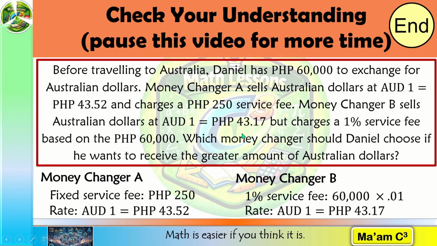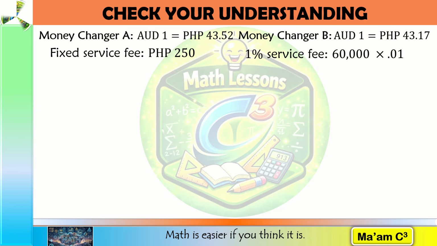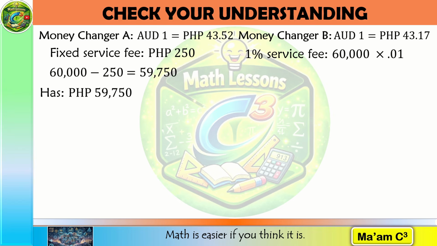Now let us solve. Since Money Changer A charges a fixed fee of 250, we're going to subtract 250 from 60,000 and this is 59,750. So he has 59,750 and he wants to know how much this is in Australian dollars.